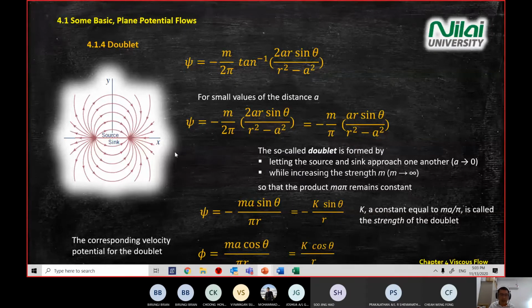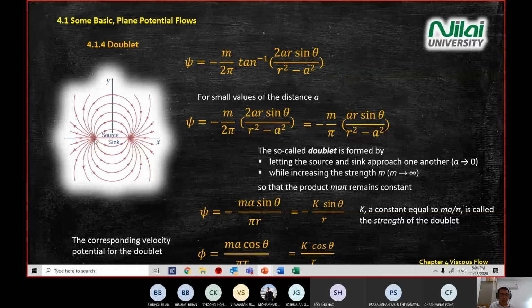If you compare the equations for doublets, you have two: one is for the streamline, one is the velocity potential. One has a negative sign, one has cos and a positive sign. So we have a few sets for different scenarios. If you have a single sink, you use the single sink equation. If you have an individual sink or source, you use the individual equation.